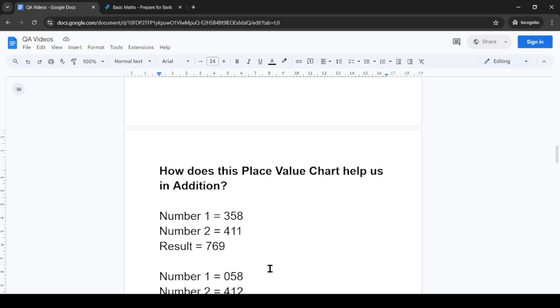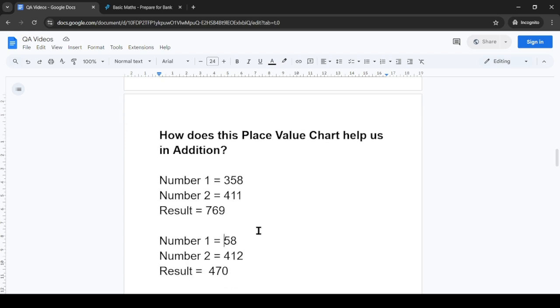For addition, we have to arrange them as per their units, tens and hundreds places. Both numbers are 3 digit, and adding a 3 digit number with a 3 digit number is not going to be an issue, so we can directly place them below each other and calculate. So 8 plus 1 is 9, 5 plus 1 is 6 and 3 plus 4 is 7.